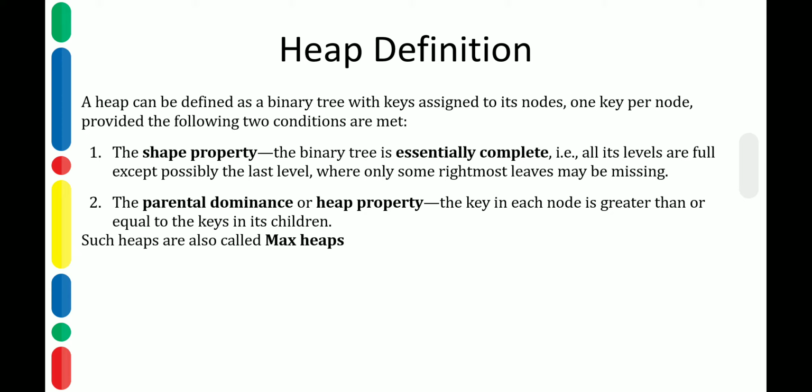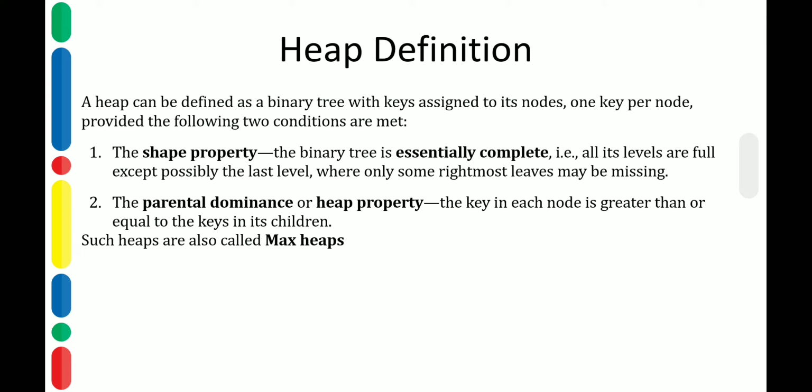The second property says that there should be parental dominance, or the heap property. The first definition is true for an almost complete binary tree or an essentially complete binary tree. If an essentially complete binary tree also satisfies this condition of parental dominance, then we call it a heap.